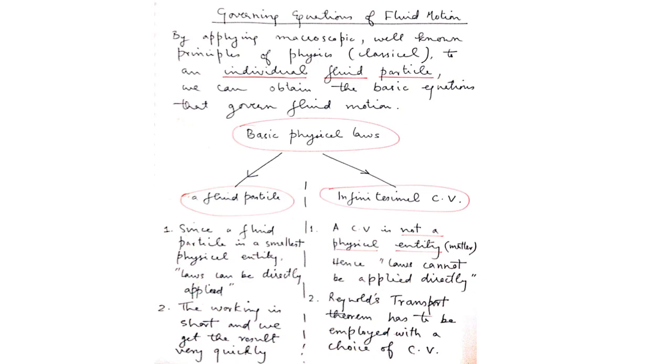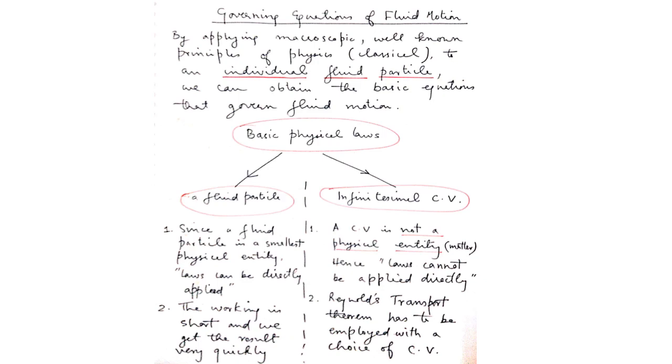So this is what I call the direct and very straightforward way of applying the physical laws. As I have summarized below, there are two distinct ways. One way, on the left, is that we can apply basic physical laws by considering a fluid particle. This is the most direct way, and this is the route that we will be following in this course.